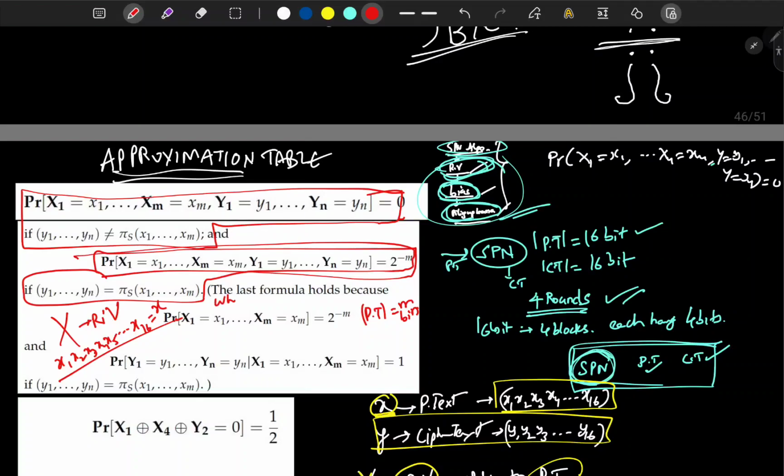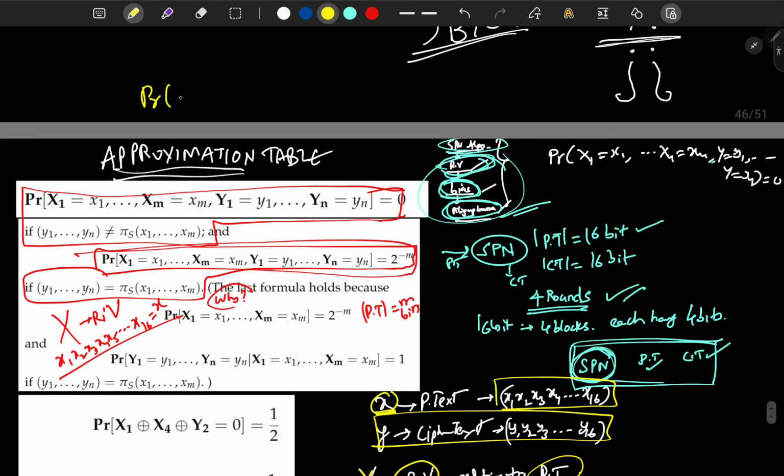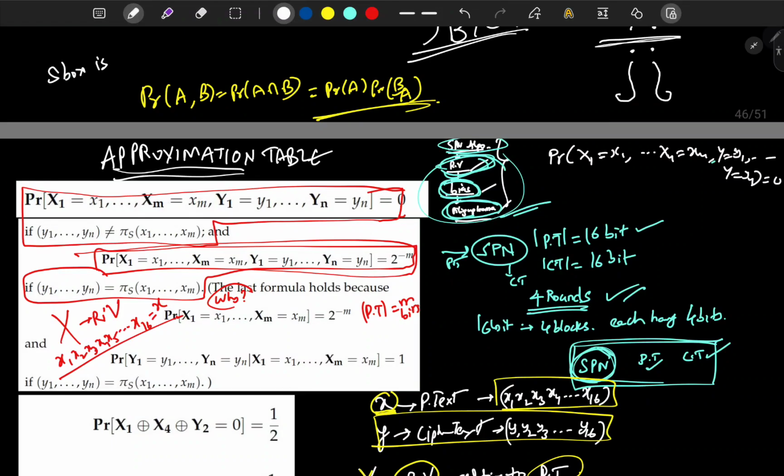Why? Because here we are applying the basic fundamental formula: the probability of A and B, written as A comma B, is the probability of A times the probability of B given A. The S-box is predefined, it is not a secret, it is public.